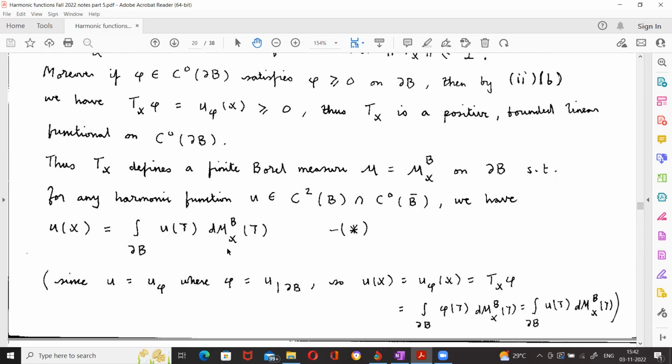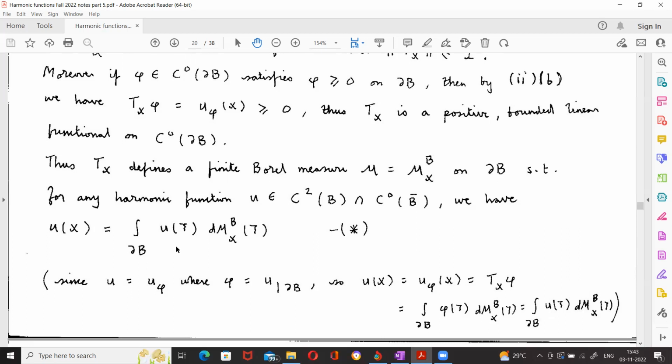All right. So this is clear, right? This is by definition, because u(x) is equal to u_phi(x), where phi is u restricted to the boundary of B, and u_phi(x) is T_x of phi, and T_x of phi, by definition of the measure, is just the integral of phi d mu_x, which is the integral of u d mu_x. So this, in a sense, is the Poisson formula in an abstract sense, with respect to the harmonic measures.